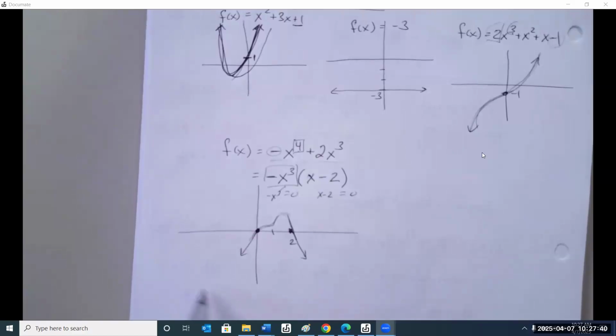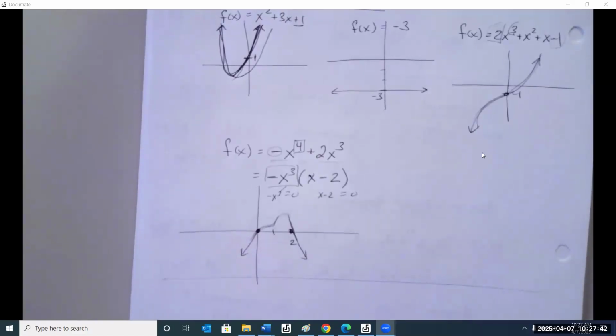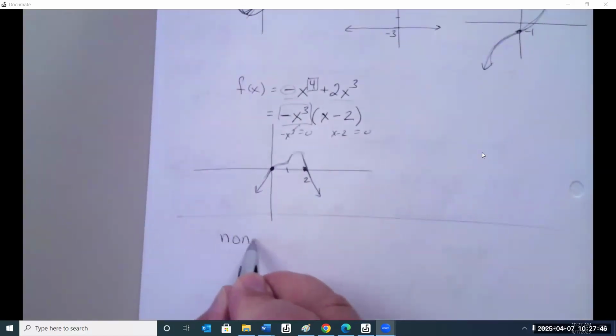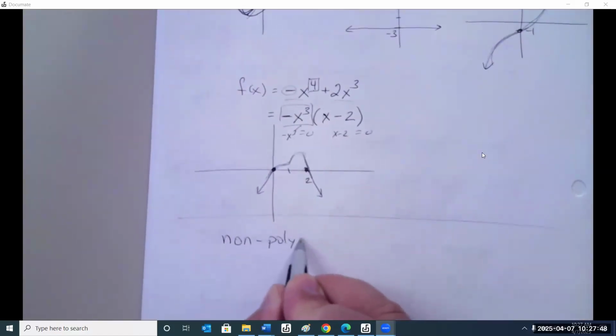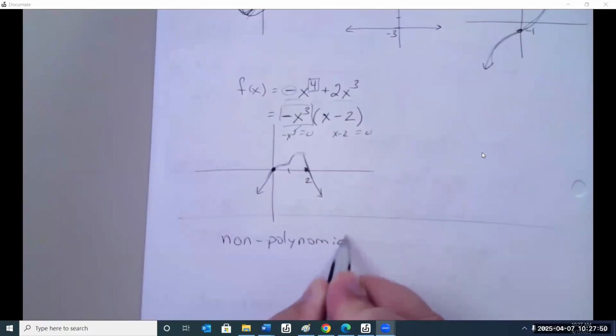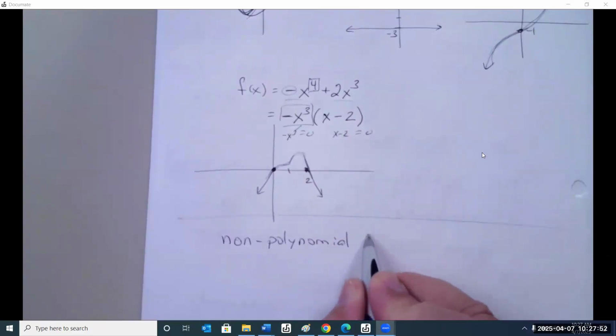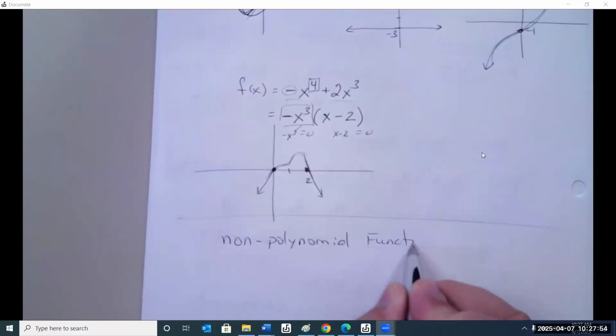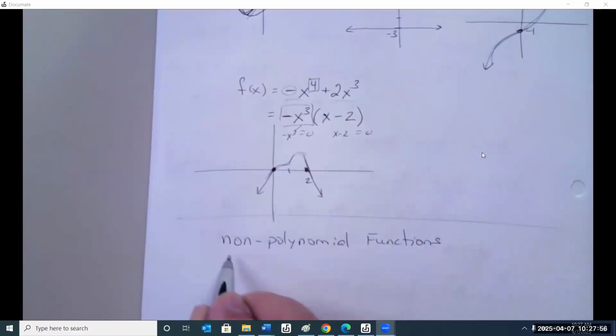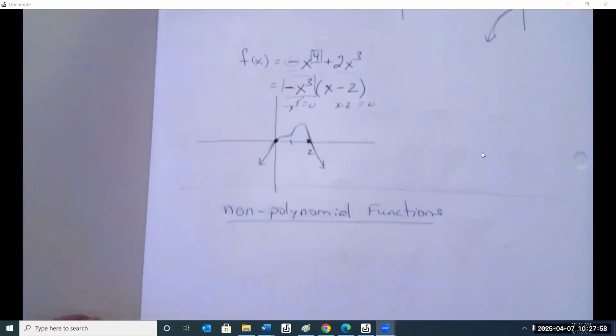So those are examples of polynomial functions. Non-polynomial functions.